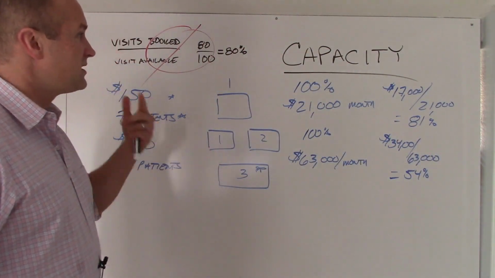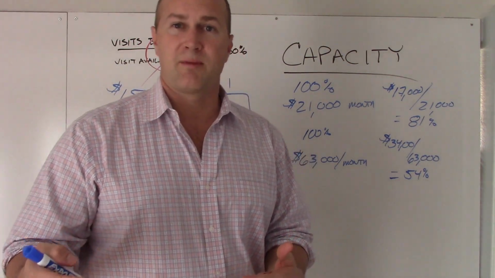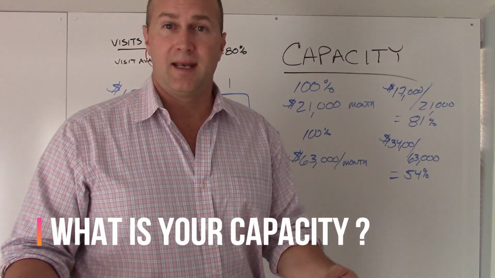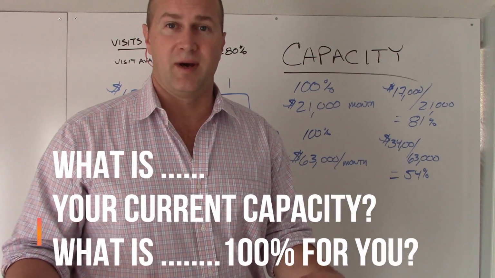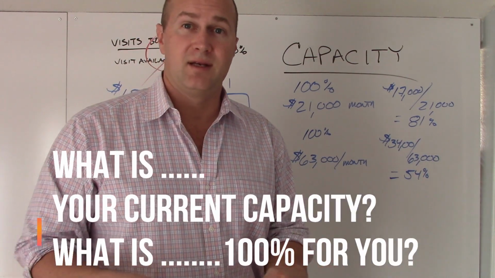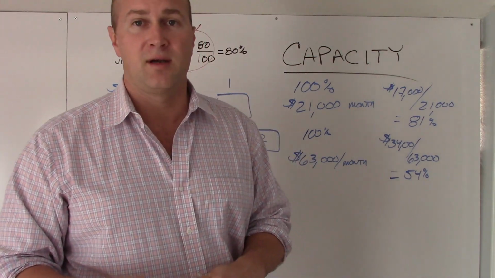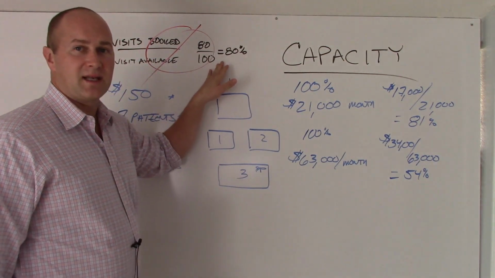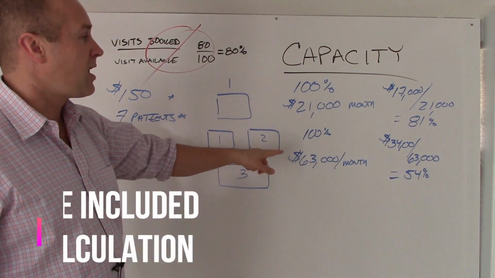So this is how you really have to start thinking about your clinic capacity, how you calculate it, and what your goal is capacity-wise, and when to expand. Expansion and when to hire other PTs is a whole other lecture. But I really just wanted to go over this: stop calculating capacity by visits and start building revenue into your capacity.